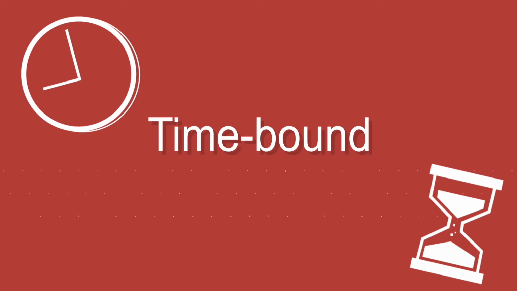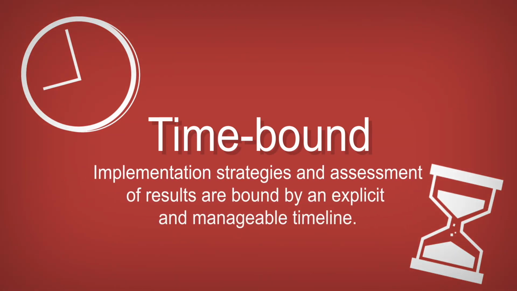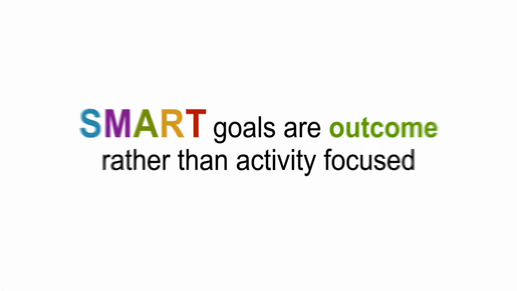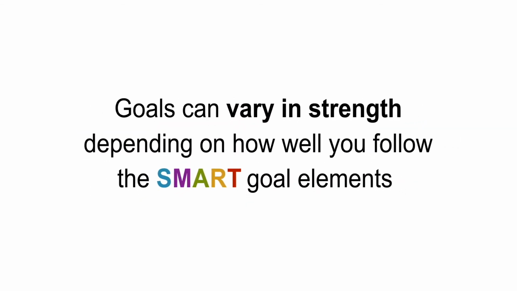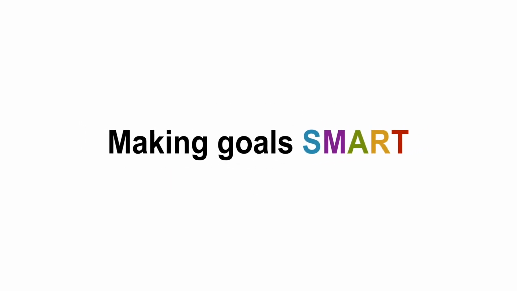And lastly, time-bound. The implementation strategies and assessment of results are bound by an explicit and manageable timeline. SMART goals are outcome rather than activity-focused, and goals can vary in strength depending on how well you follow the SMART goal elements. Let's look at an example of making a goal SMART.